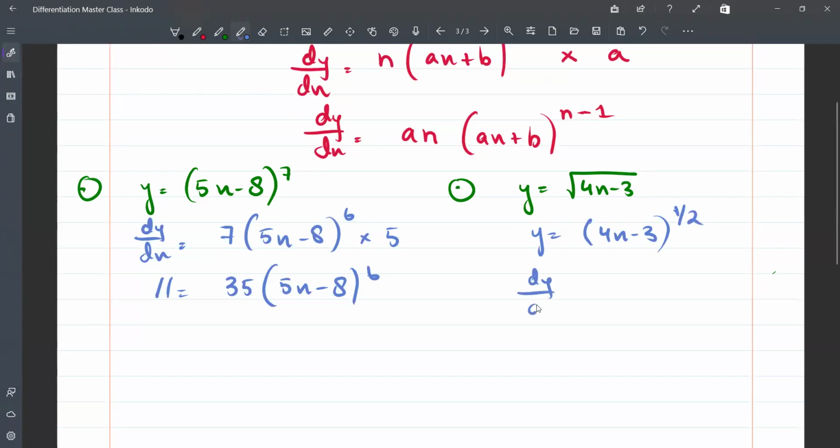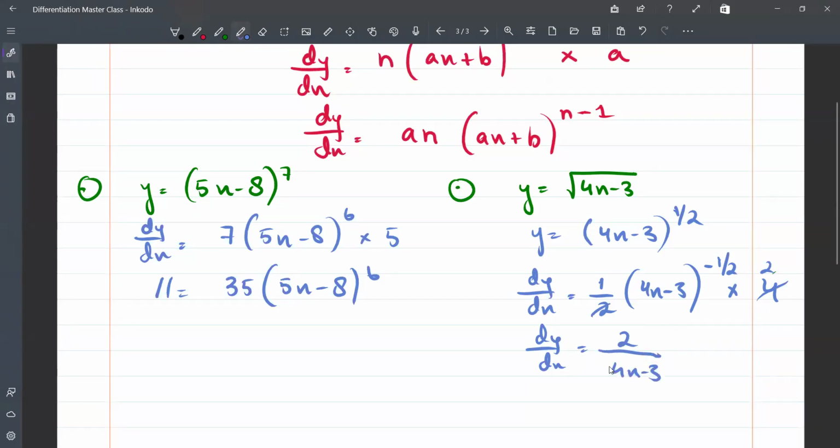So dy over dx would be 1 upon 2 times (4x minus 3) power 1 upon 2 minus 1, which is minus 1 upon 2, times the differential of the bracket, which is 4, right? This cancels out. dy over dx is 2 upon under root of (4x minus 3). All right. So this is how it would look.